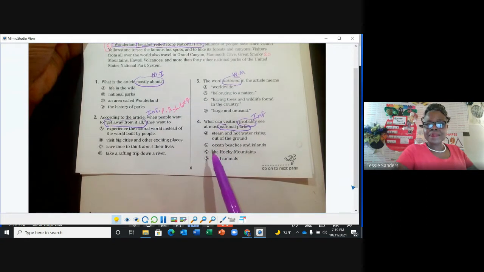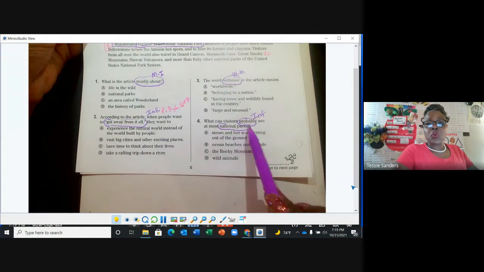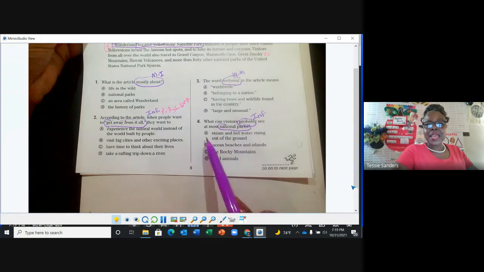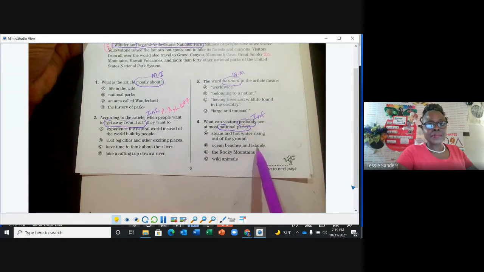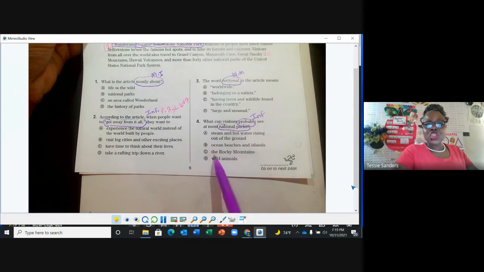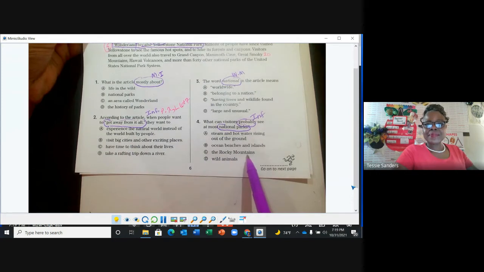Four, what can visitors probably see at most national parks? A, steam and hot water rising out of the ground. B, ocean beaches and islands. C, the Rocky Mountains. D, wild animals.